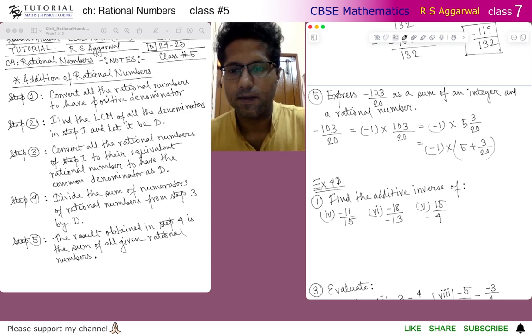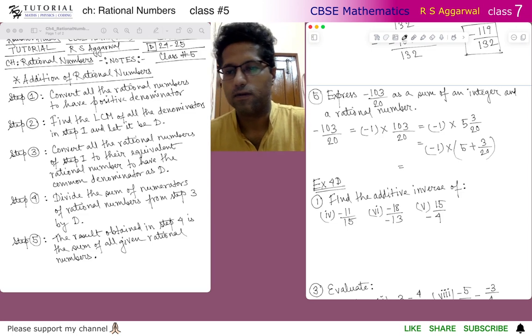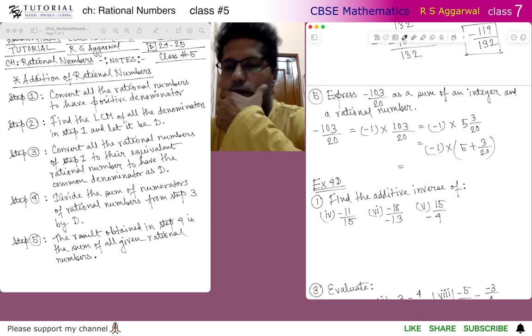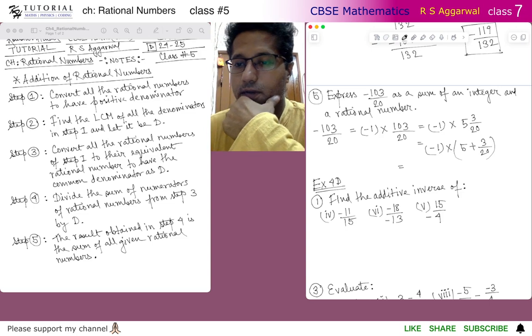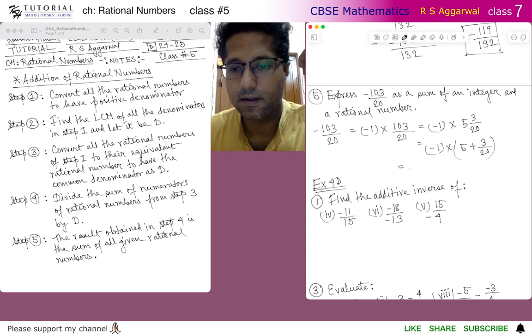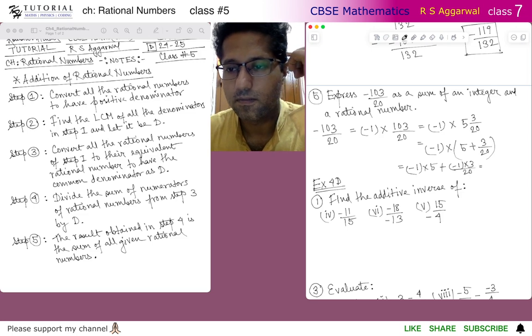Now if you multiply the minus 1, using the property of associativity, if you distribute the multiplication over the addition, you will get minus 1 into 5 plus minus 1 into 3 by 20. This is minus 5 plus minus 3 upon 20. So this is the answer.